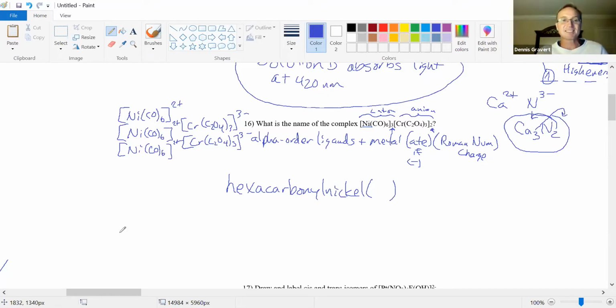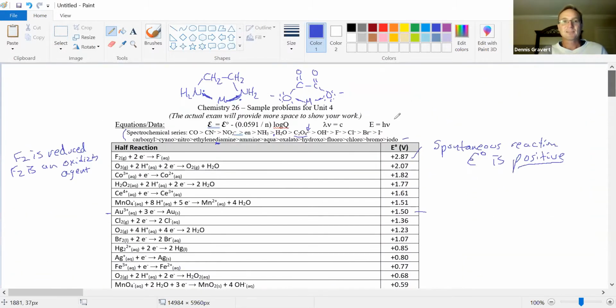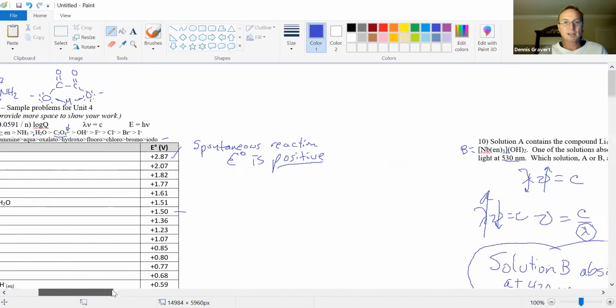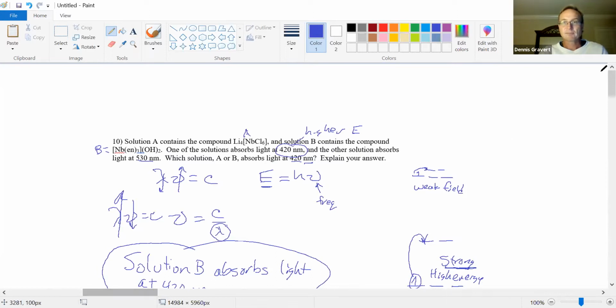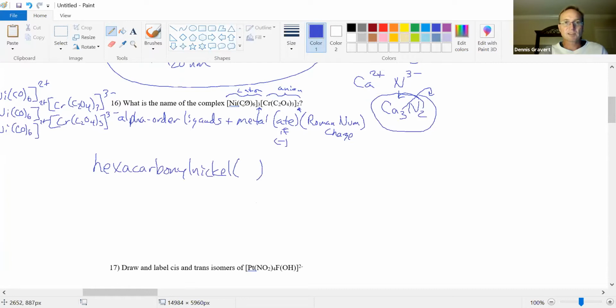Go and take a look at the carbonyl group. It's 0 charge. Right, so right here, CO, no charge on that carbonyl, carbon monoxide. So in order for this nickel carbonyl group to have any charge, it all has to belong to nickel, because CO is neutral. And we said it's a +2 for the whole thing.